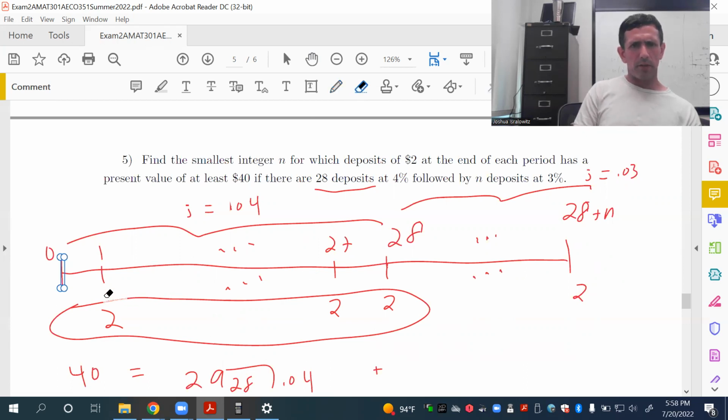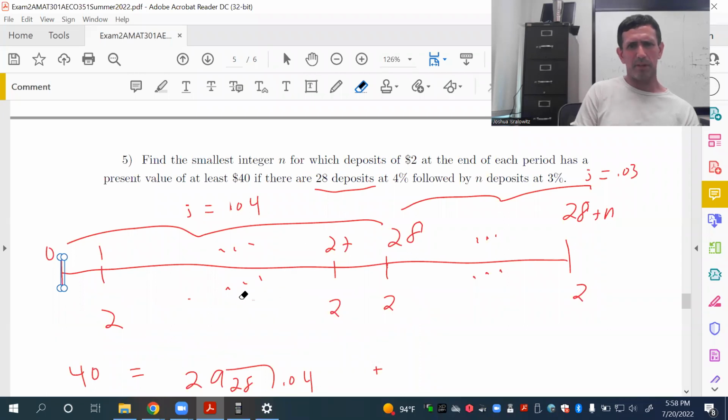So now let's take the present value of these other payments. I've been stressing, because it's a very important concept, that you're taking present value at different time periods. You have to discount it if it's not present value at t equals 0.